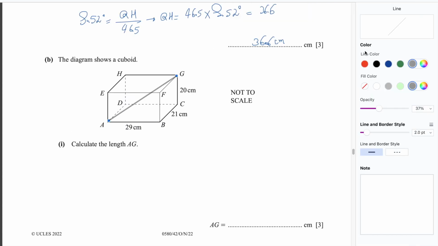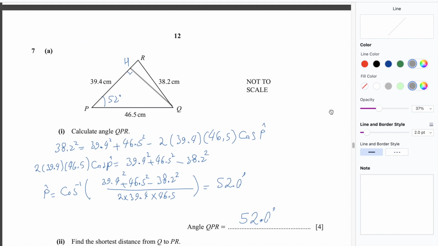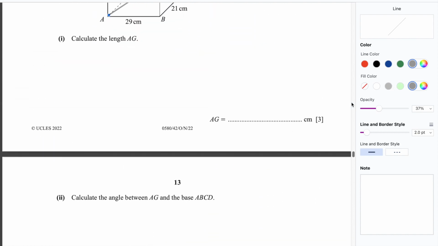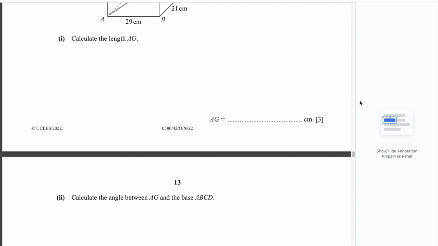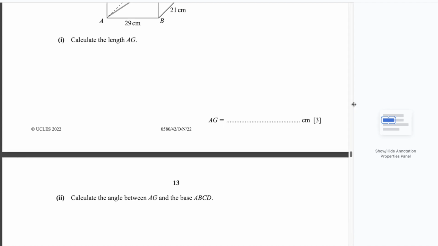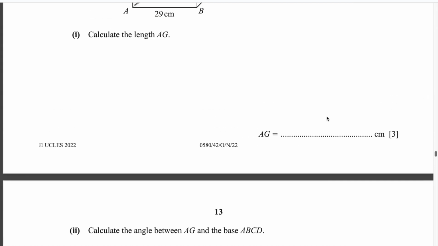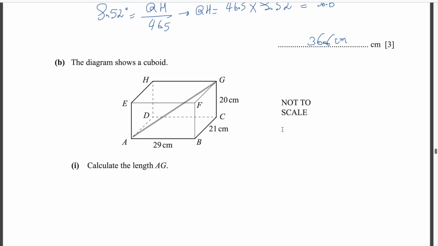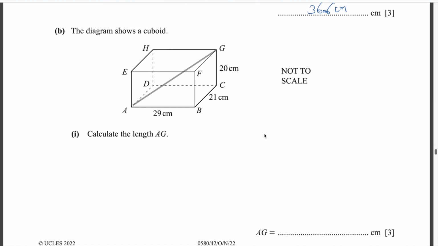Now, to find AG, we use Pythagoras theorem in 3 dimensions.